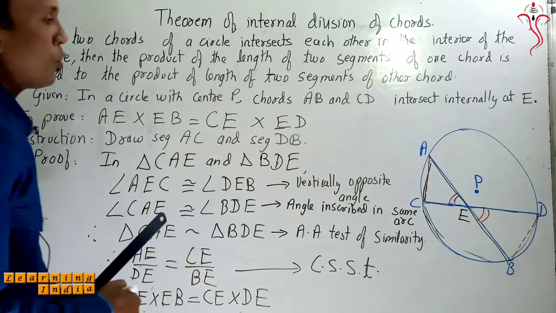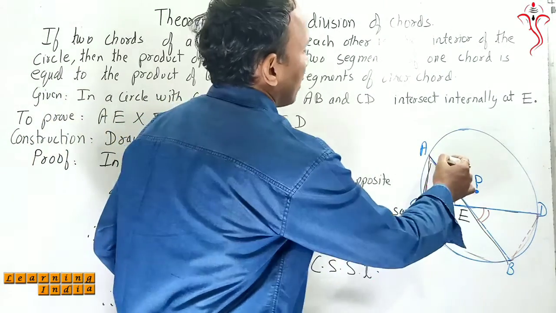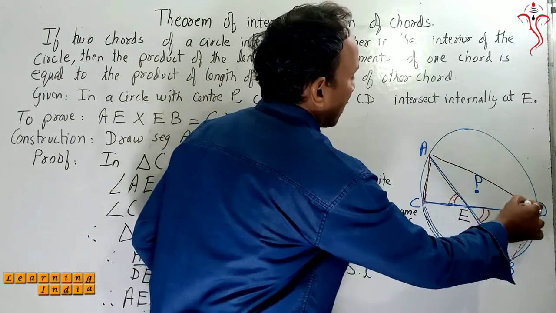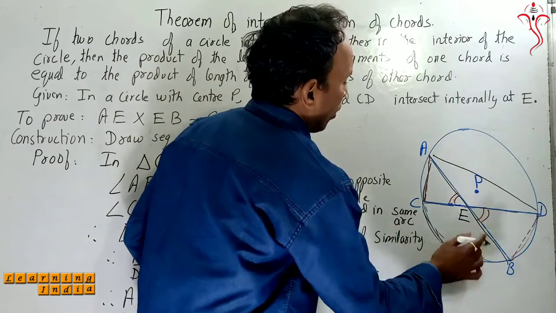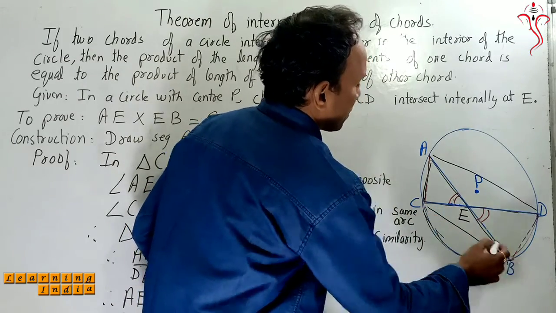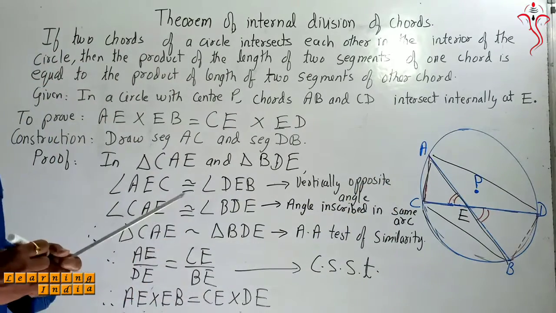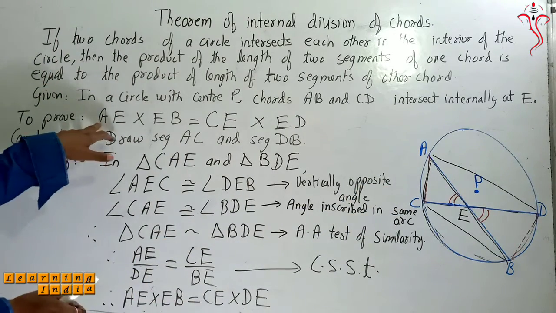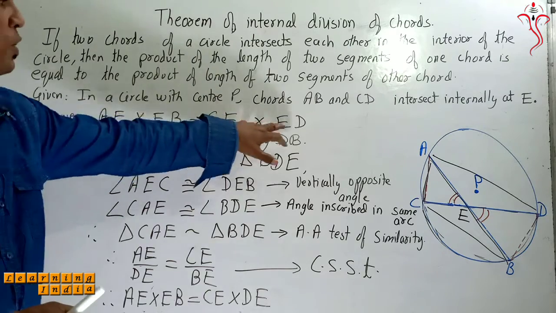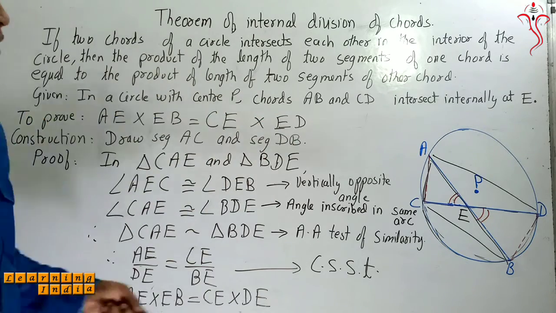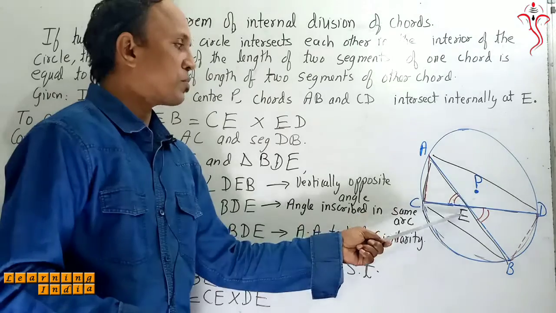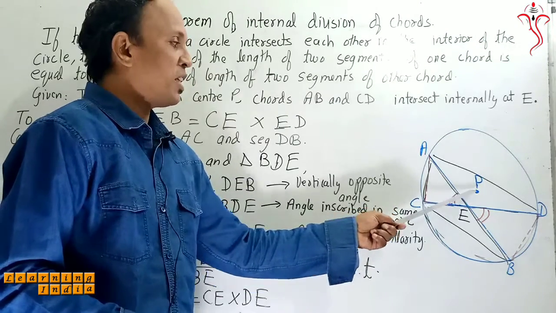Similarly, if it is given that we join AD and CB also, what happens here? We want the same thing: AE into EB is equal to CE into ED. Again we take these two triangles.